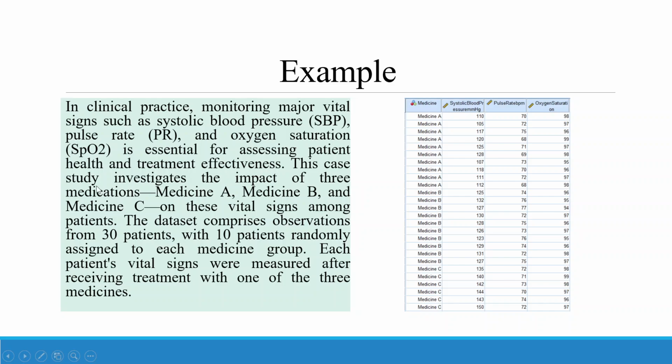This case study investigates the impact of three medications, medicine A, B, and C, on the vital signs among the patients. The dataset comprises observations from 30 patients, with 10 patients randomly assigned to each medicine group. Each patient's vital signs were measured after receiving treatment with one of the three medicines.